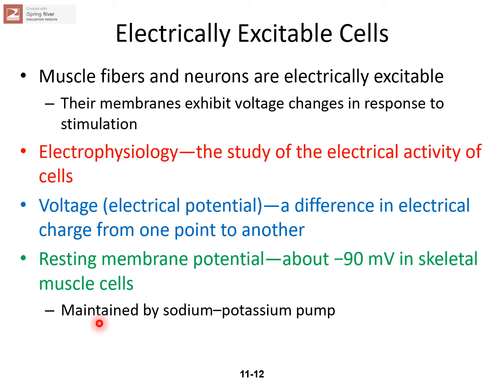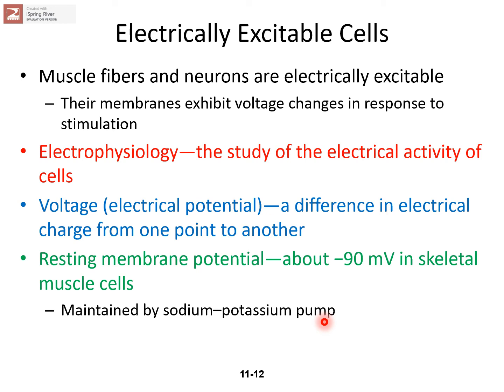And the main pump that regulates the electrical potential or the membrane potential is the sodium-potassium pump. If you remember from the third chapter, the sodium-potassium pump moves 3 sodium ions out of the cell for every 2 potassium ions it puts into the cell.